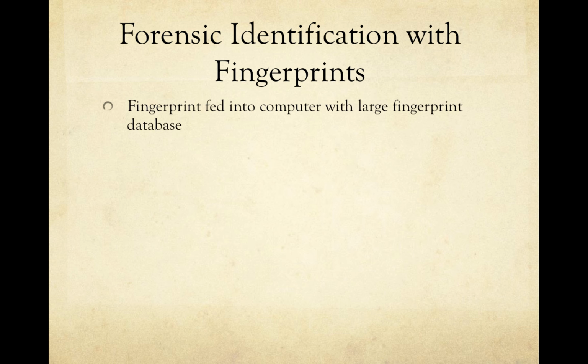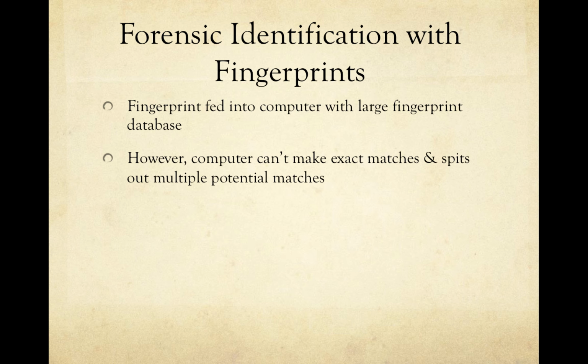So how do these experts make an identification? Well, nowadays the fingerprint is fed into a computer with large fingerprint databases, and then basically it flashes when there's a potential match. But the computer doesn't make exact matches.